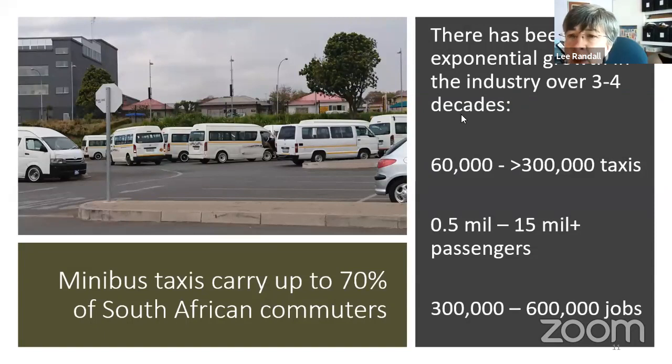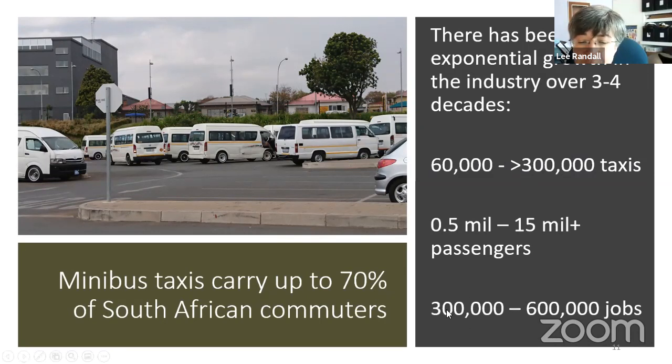The fact of the matter is there's been exponential growth in the industry over its roughly 3 or 4 decades. So Colleen McCall in 1990 estimated the number of taxis circulating around South Africa at 60,000. Current estimates, and I say estimates because we don't have an exact count, is over 300,000 taxis. Over the same sort of time frame, we've gone from about 500,000 passengers using them to 15 million plus passengers using them.